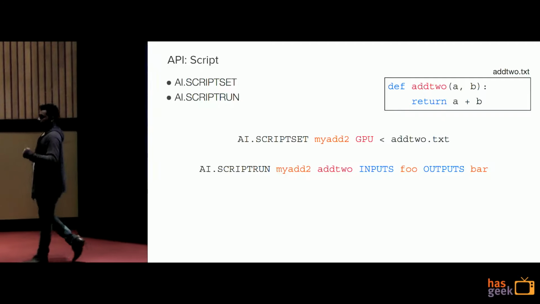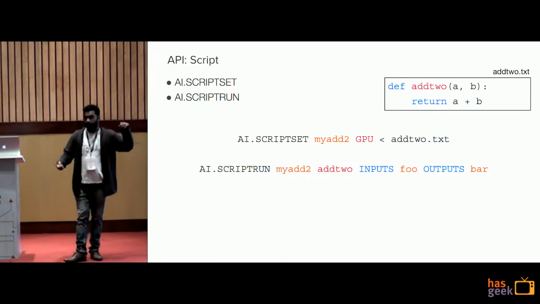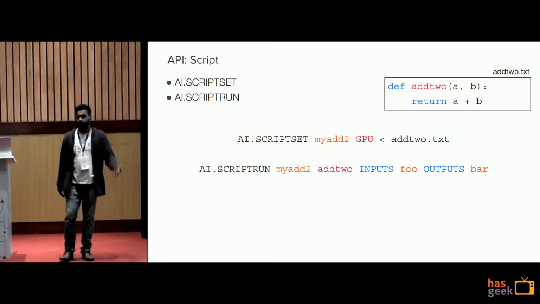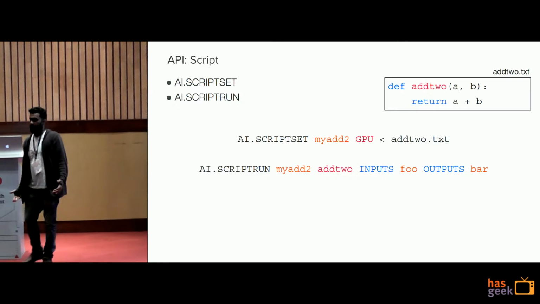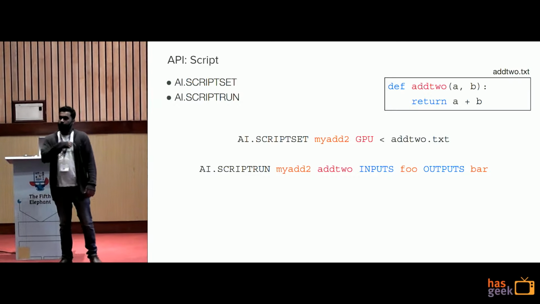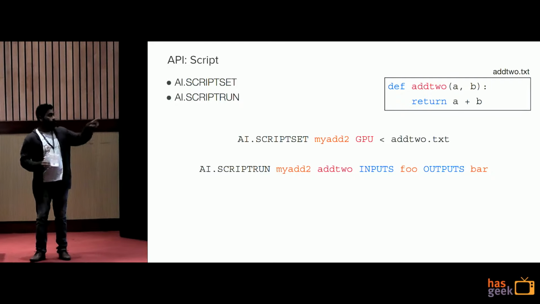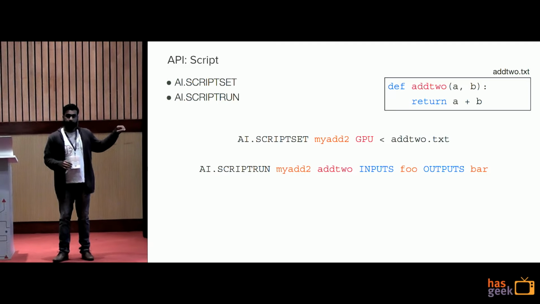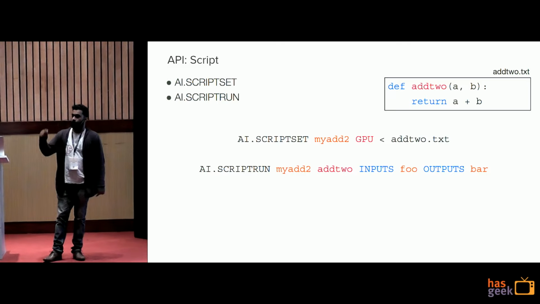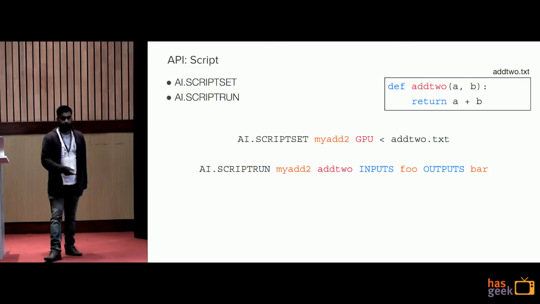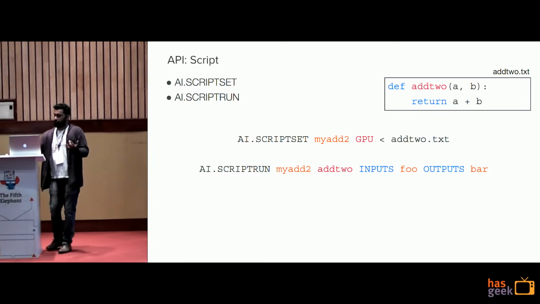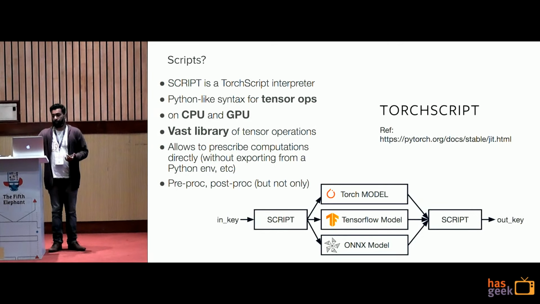So RedisAI is going to take that function and compile it. Normally Python is an interpreted language, so normally it's going to be interpreted at runtime. But RedisAI is going to compile it and save that optimized binary on that key. And when you send the data, it's going to run that function on GPU because you have set it as GPU. So essentially you can utilize this to do the pre-processing and post-processing.